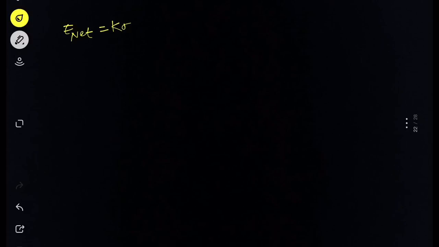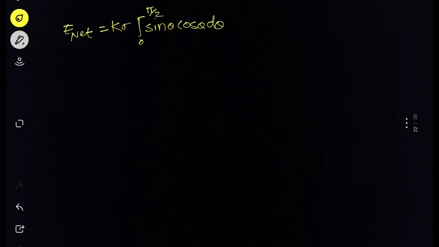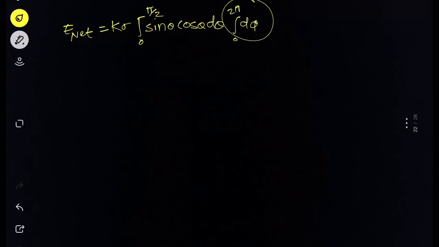Now here we have E net as, so let me just write that equation again so that it won't create any confusion. Sin theta into cos theta d theta, and the variation of theta would be 0 to pi by 2, and d phi, we have variation of phi from 0 to 2 pi. So we can directly write this term as 2 pi.